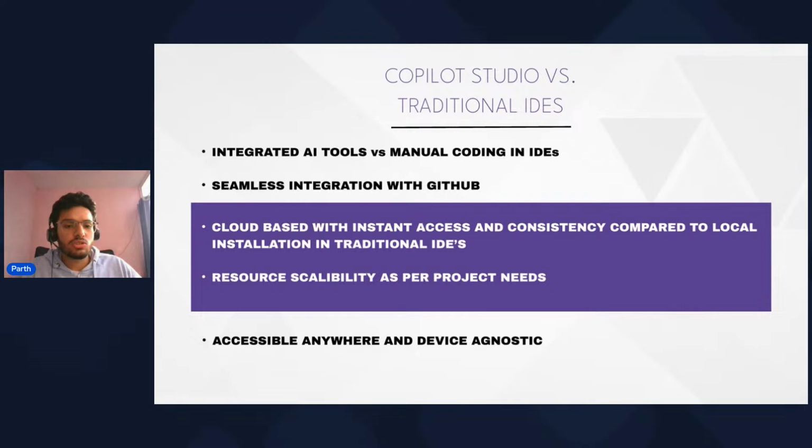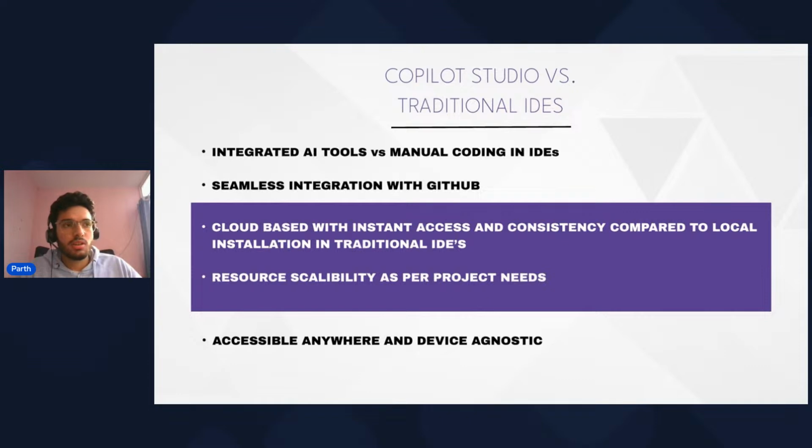Local IDEs will use your resources rather than cloud-based resources, so it will depend majorly on your system. I think the cloud-based system for Copilot Studio is a great plus point, and also it offers resource scalability as per project needs.